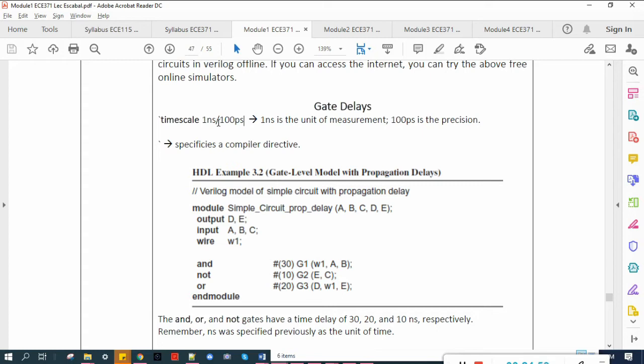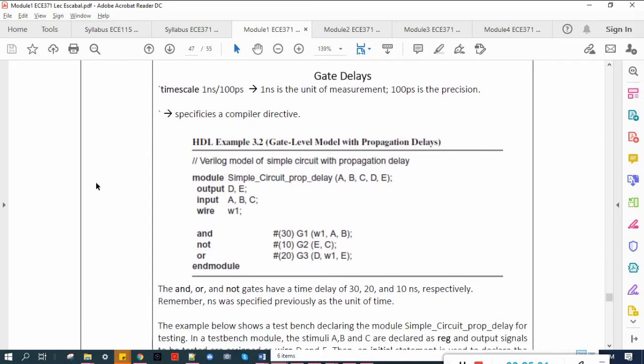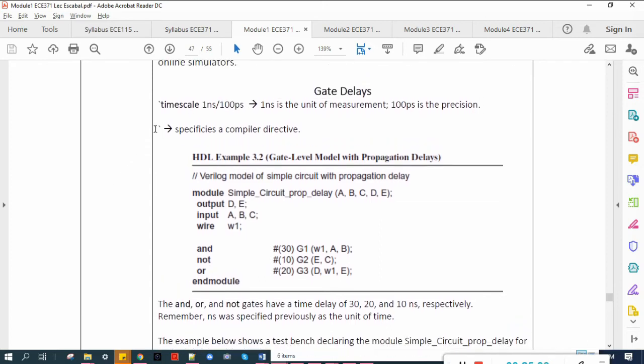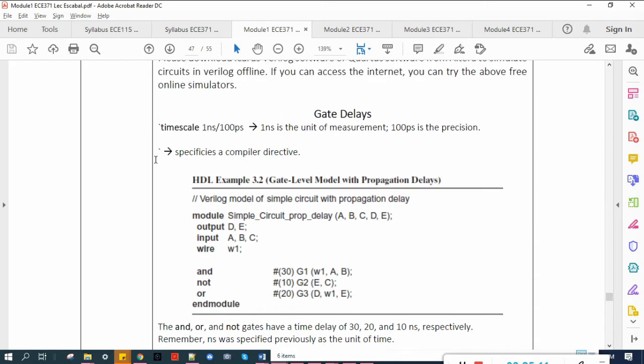If we display a simulation, the time step is 100 picosecond. The symbol specifies a compiler directive. It's a compiler directive, and we place it, for example, in our time scale compiler directive.